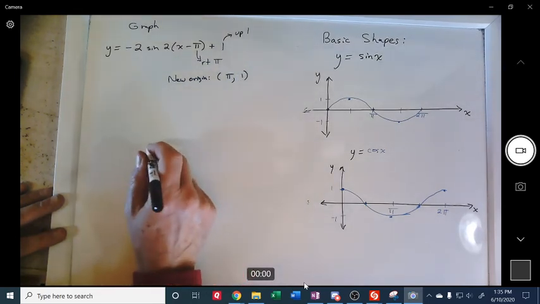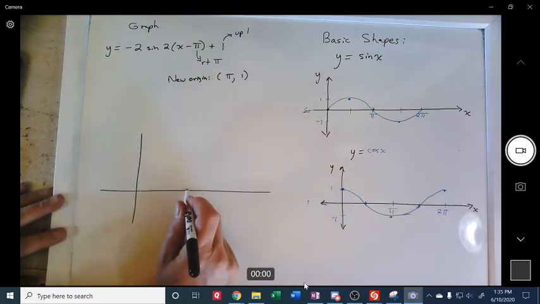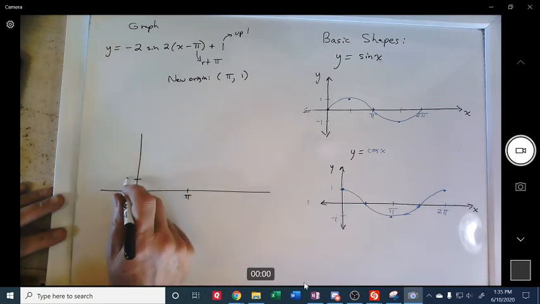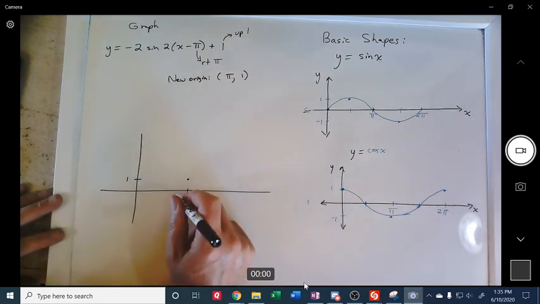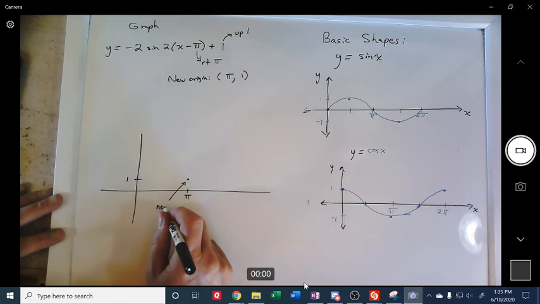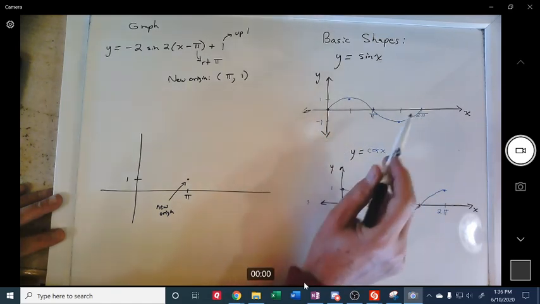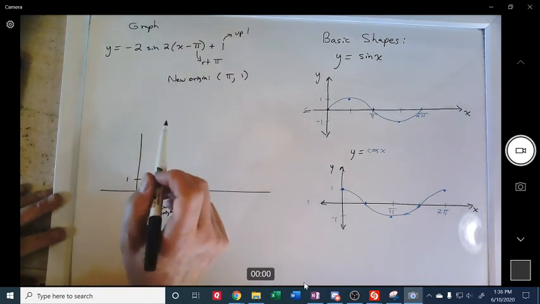So when I graph this one, I'm going to go pi units to the right and up 1, and that's going to be my new origin. Now notice the effect of the origin on here. We started at the origin and went on up and around. Now, from here, let's look at what else happens.